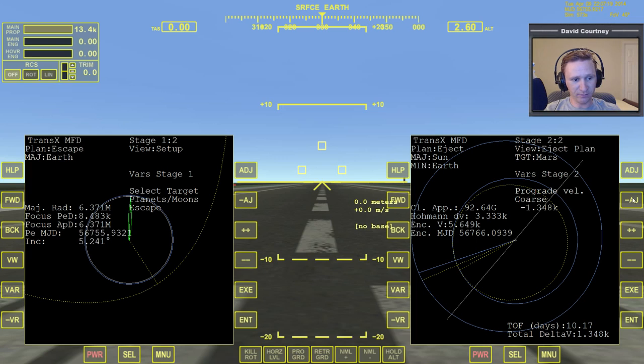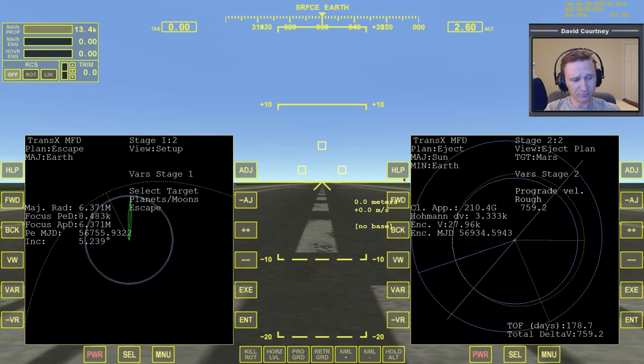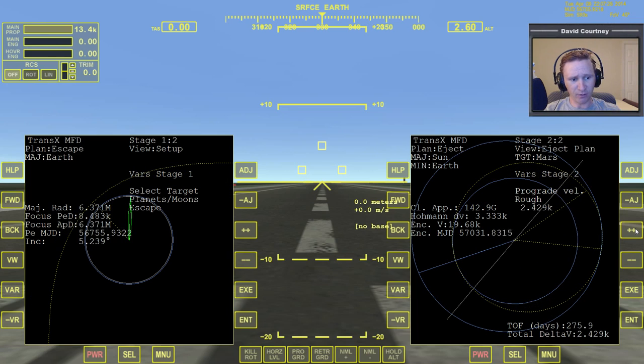So let's go to rough here, and we'll just put in enough prograde velocity to raise our orbital path all the way out to that of Mars. Now this is saying that if we leave Earth here in the next hour or something, we're going to do a maneuver, a burn, and it's going to take us out here along this hypothetical path out to the orbit of Mars.